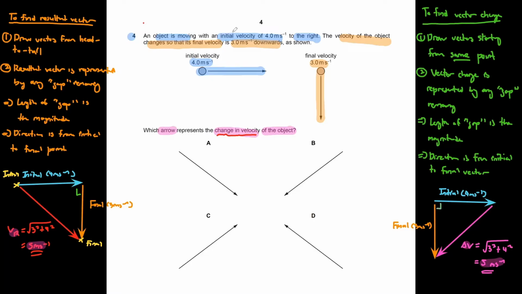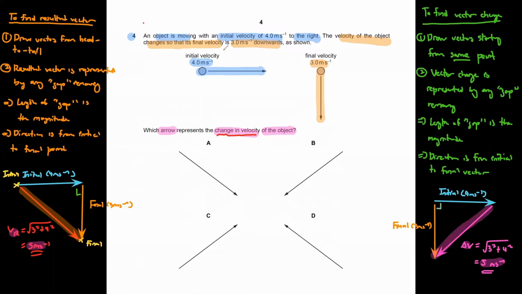But in terms of the direction, notice that my resultant velocity or my resultant vector is going diagonally downwards towards the right, whereas my velocity change or my vector change is also going diagonally downwards but towards the left. Okay, they are actually 90 degrees to each other.